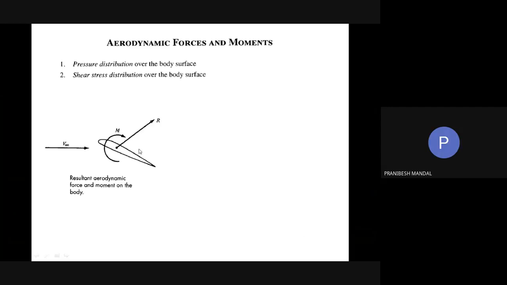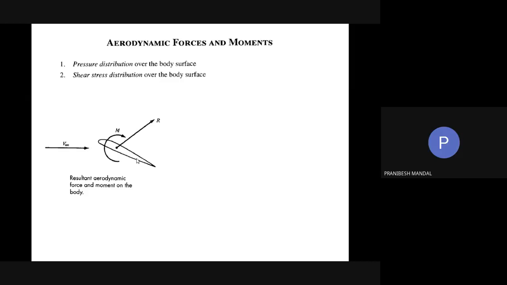If this object moves at a speed of V infinity leftward in otherwise static air, can I consider that air is having a velocity of V infinity relative to this particular object? So you may ask why such a consideration is here.